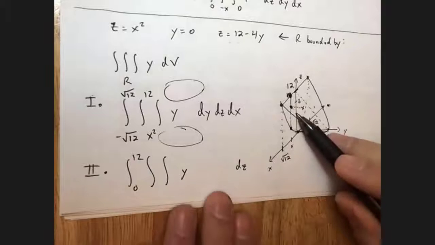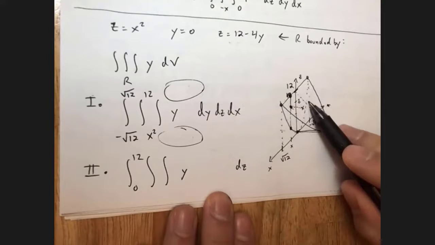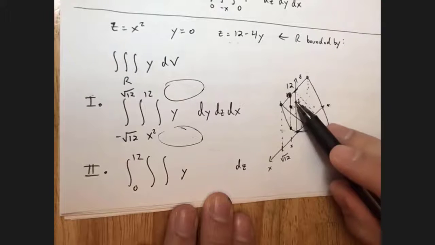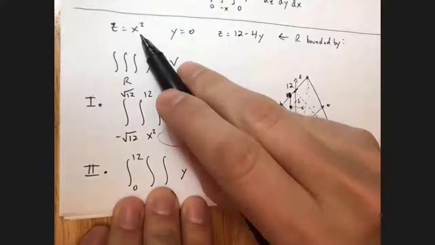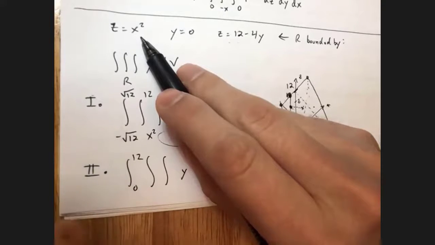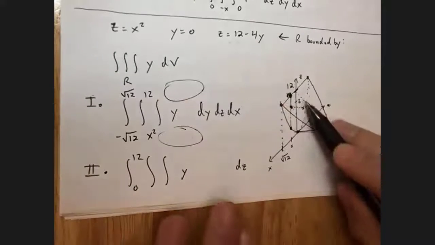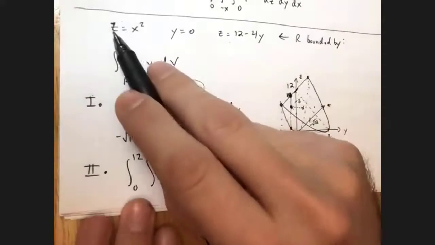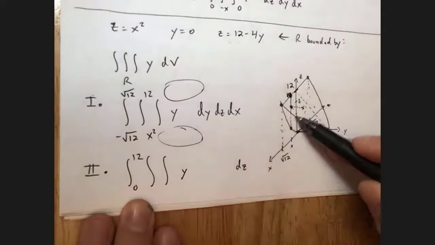And then for each z, I have to go to this curve and to that curve. And that's when I realized, oh, it might be easier the other way. But for each z, I'm going to this curve and this curve. Well, this curve comes from this, and I have to solve this for x, because I have to figure out how far out to go in the x direction. Well, x goes from up here.